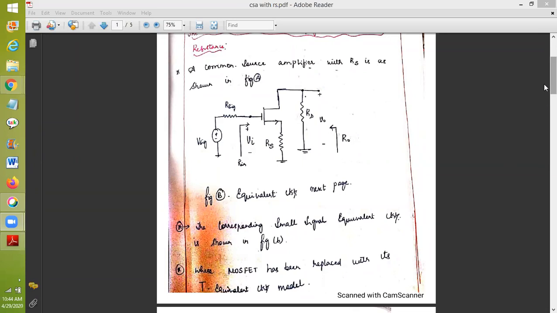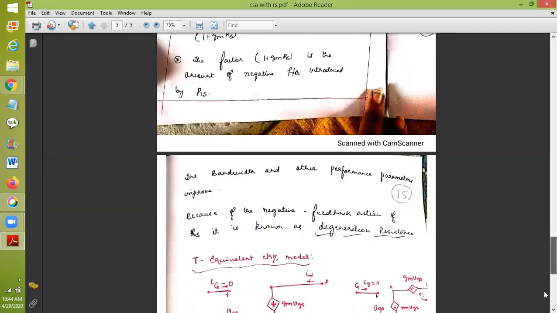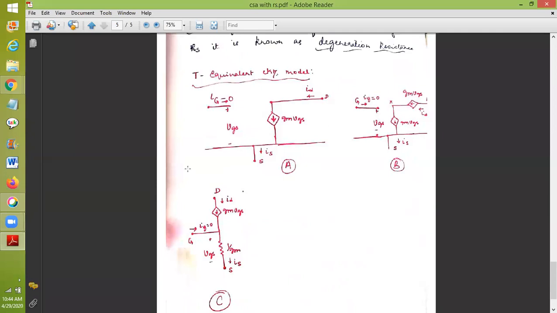So how to draw the T model circuit? Very important, in the exam they will ask. To draw the T model circuit, first you have to take the hybrid pi model. This is the hybrid pi model for the common source configuration. This is the source terminal, this is the gate terminal, and this is the drain terminal. Current is flowing from drain to source.